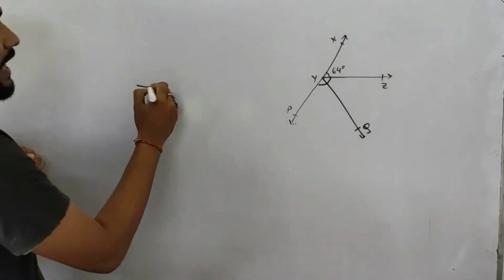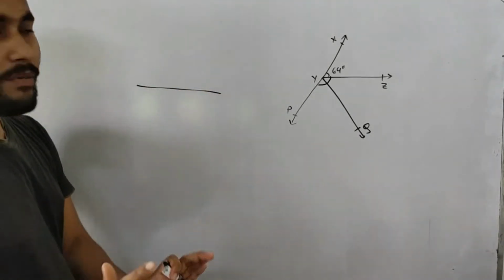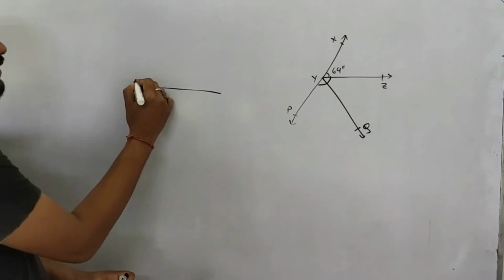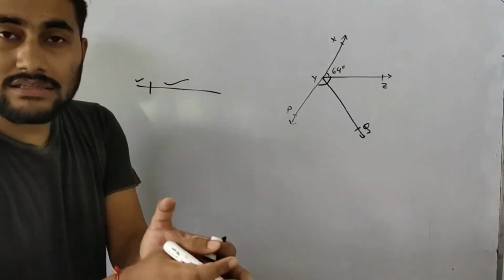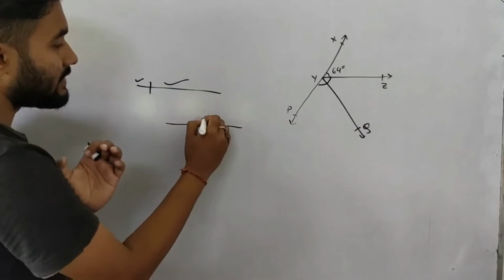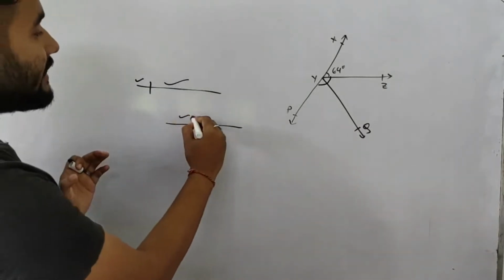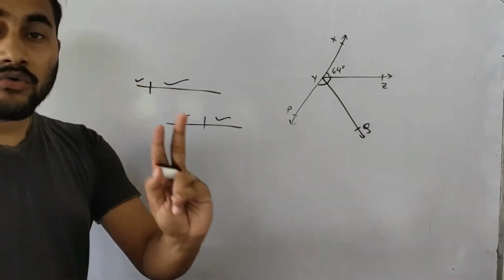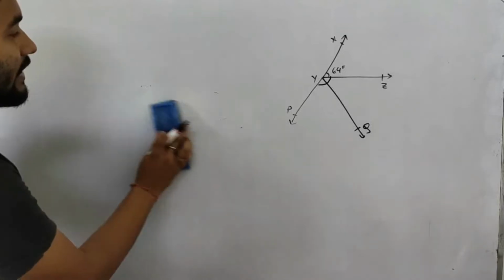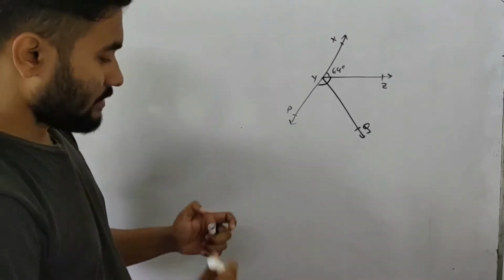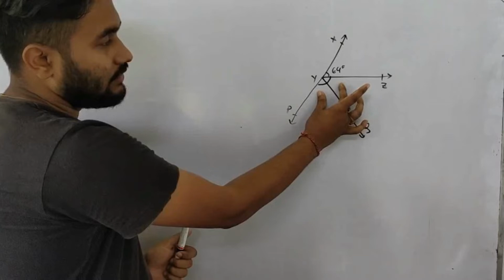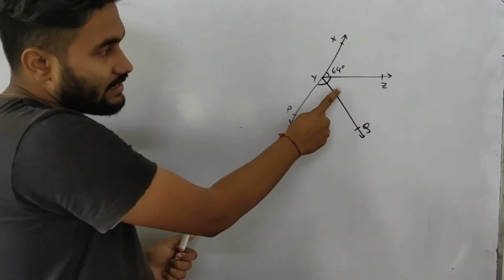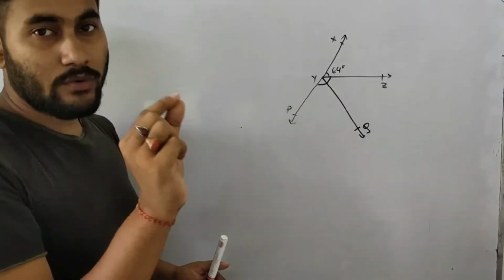If I say this is a line, divide it into two equal parts, you can say this is one part and this is another part. But if I say bisect this line, that means you divide it into two equal parts. So the ray YQ bisects angle ZYP, this angle. So this angle and this angle are equal.